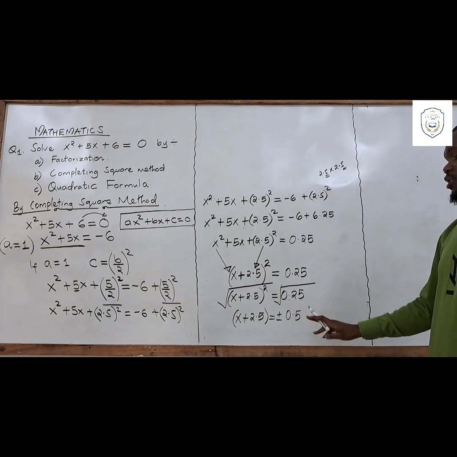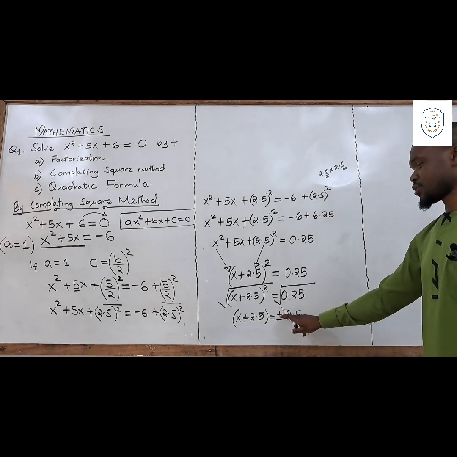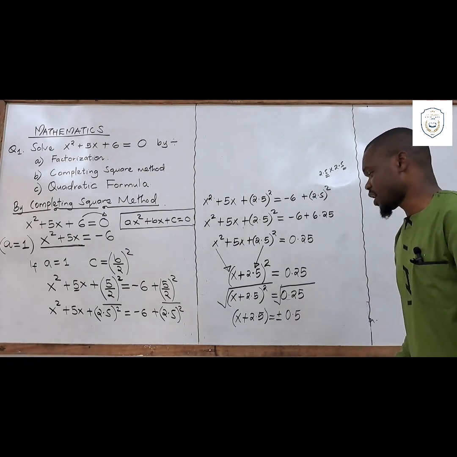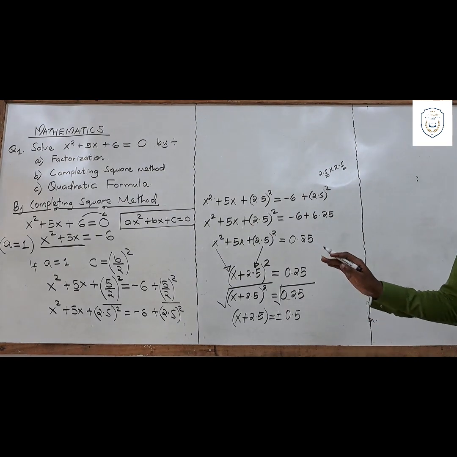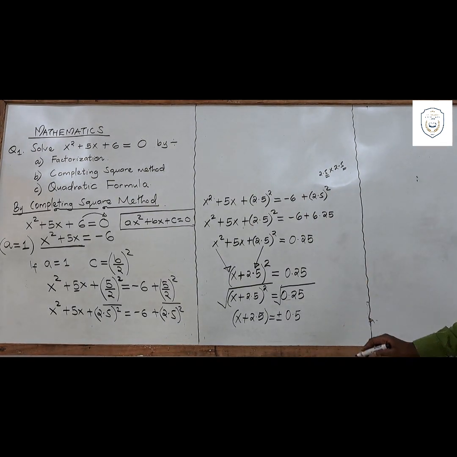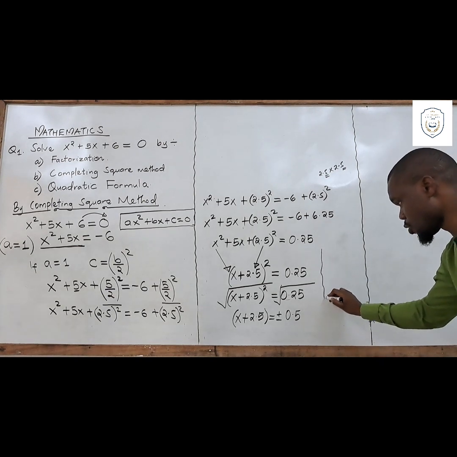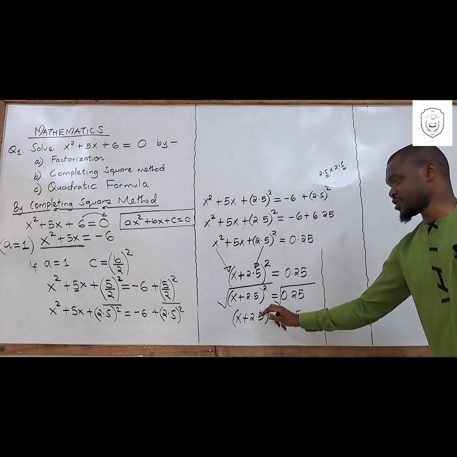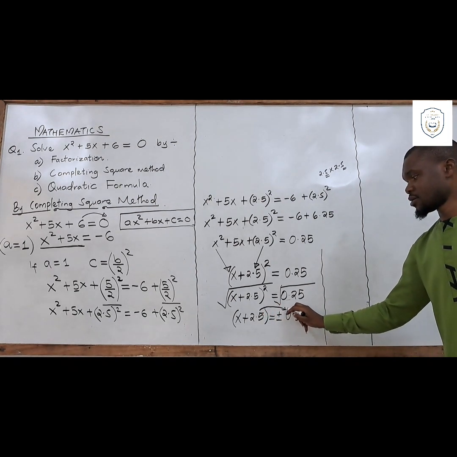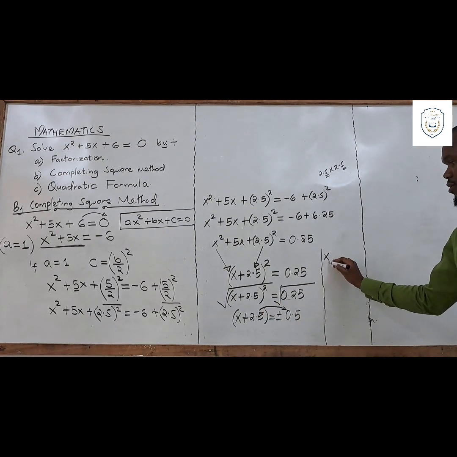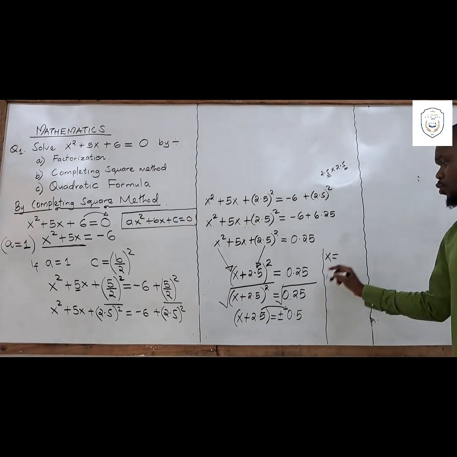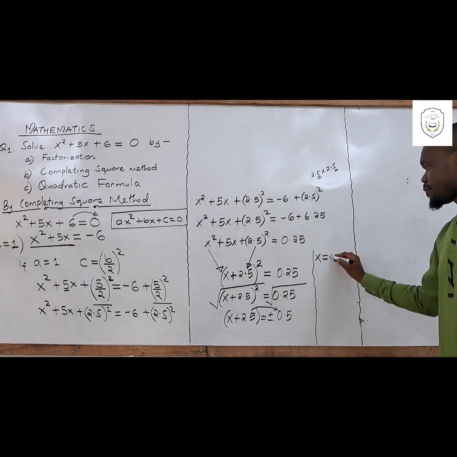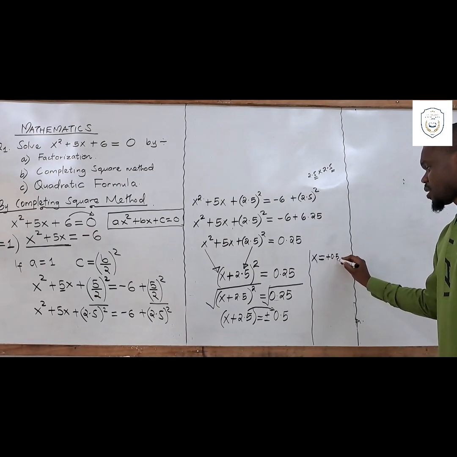But remember, anytime you're getting the square root of a number, it is always a positive or a negative of the value you get. Now, after getting this, we can get values of x in two ways. The first way we would go about it is picking x plus 2.5. Remember, this should go to the other side. So if I took x remaining there, and the equal sign is there, and I picked the positive side of 0.5, then what are we doing?